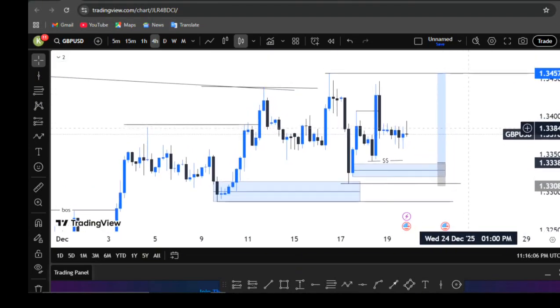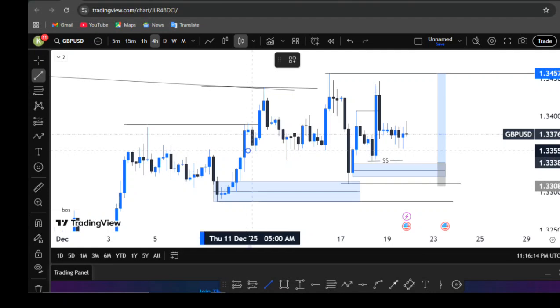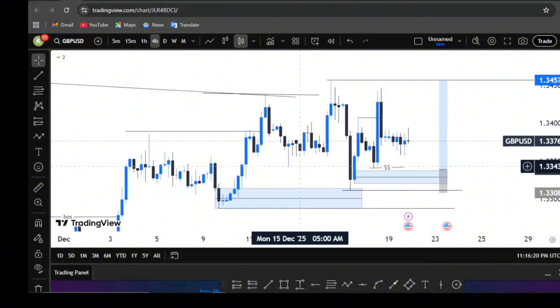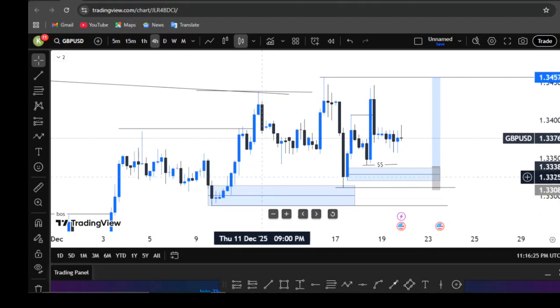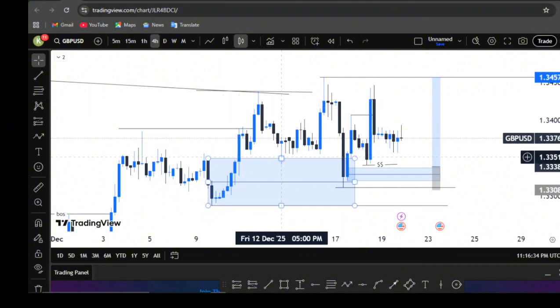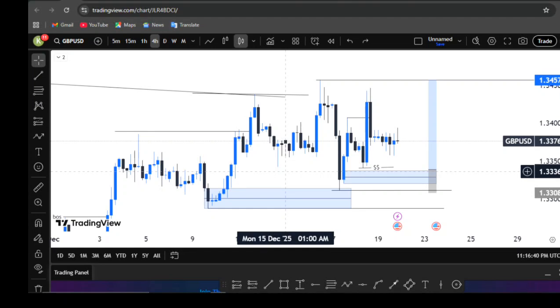So in H4, we find out that it is a clear break of structure, and this is the liquidity that I expected to first be swept, and then I look for more buys. So when the market gave us this break of structure in H4, it left us with this zone. This zone was here like this, though it was too big for me to enter, so I had to refine it for me to look for a minimal entry, a minimal risk to reward.